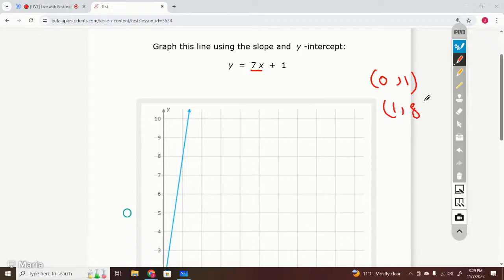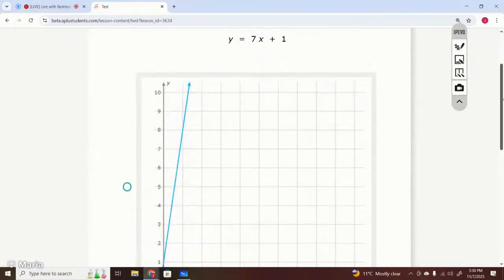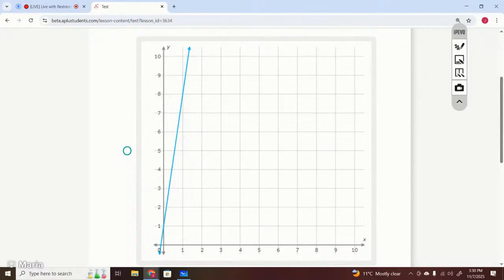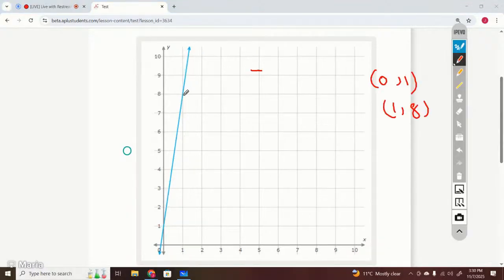When x is 1, y is 8. 0, 1 and 1, 8. Here is the point 0, 1 and x is 1, y is 8.